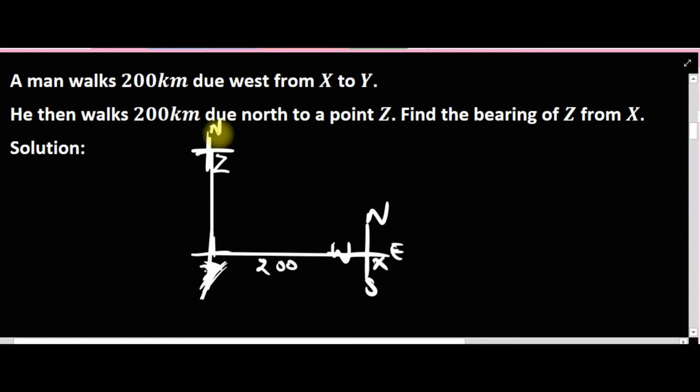We are asked to find the bearing of Z from X, so we need to join X and Z first.